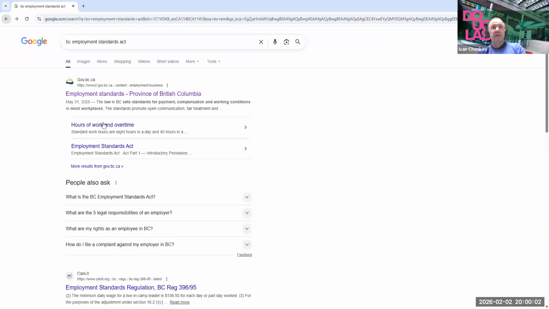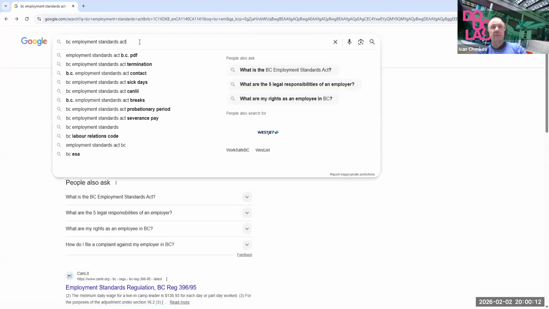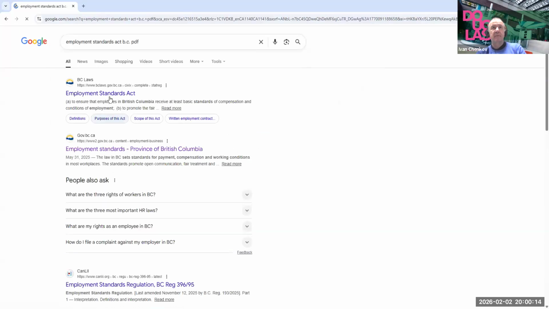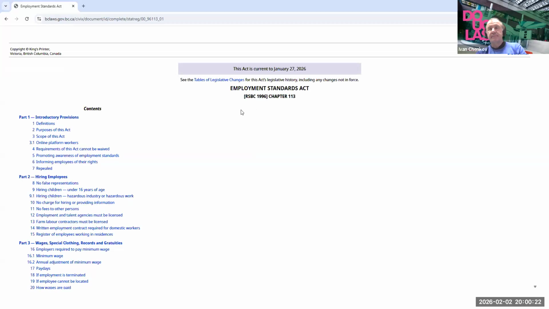I'm looking for something like a PDF. Let's see if that's going to open it. No. BC Employment Standards Act PDF. This one should work. And it's going to open something like this. That's what you're looking for.